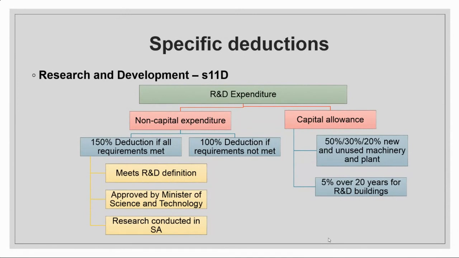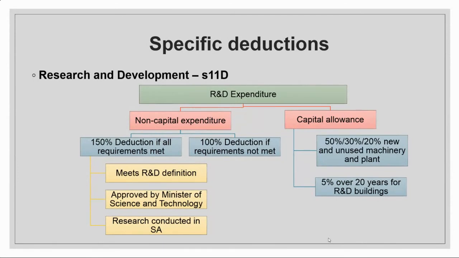If not all of those are met, then it's only 100% that you can deduct. If it's a capital allowance, so let's say I purchased new and unused machinery, then I can get a capital allowance for that R&D expense of 50% in year 1, 30% in year 2, 20% in year 3. If it relates to a building, however, it's 5% over 20 years.